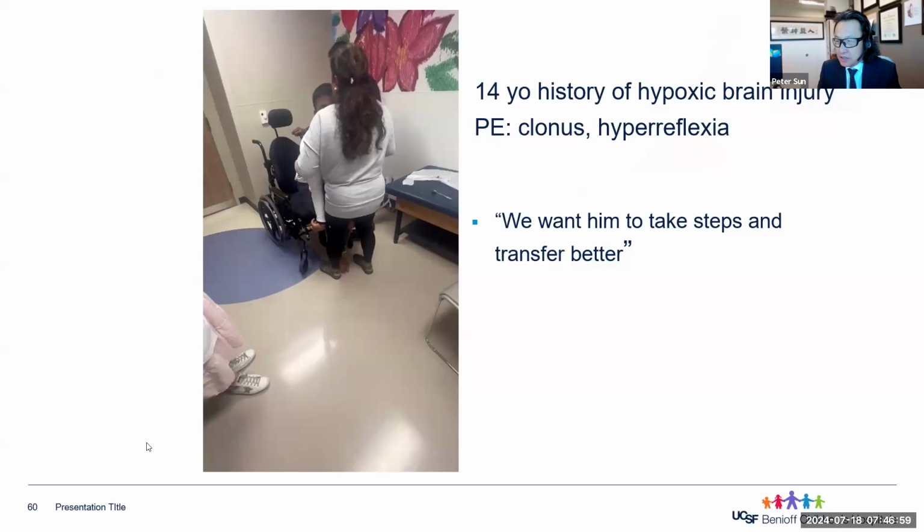This is a 14-year-old patient who has a history of hypoxic brain injury. On examination, there's sustained clonus and hyperreflexia. And we saw them at clinic. The parents want him to take steps and transfer better.